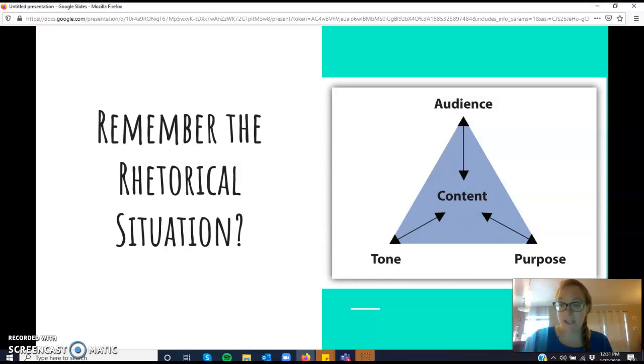So when you think of audience, purpose, and tone, you want the same idea that these are all connected, okay? So that your audience is going to change the tone that you use. Your purpose is going to change the audience that you write to, and all of these factors affect the content. So what you're actually writing about, okay?